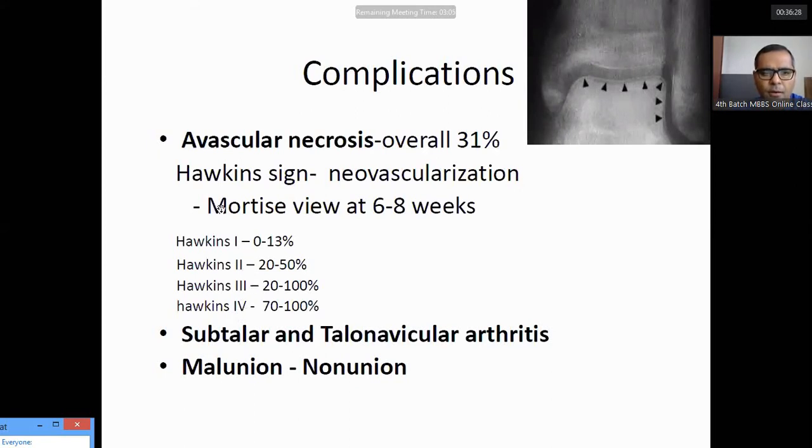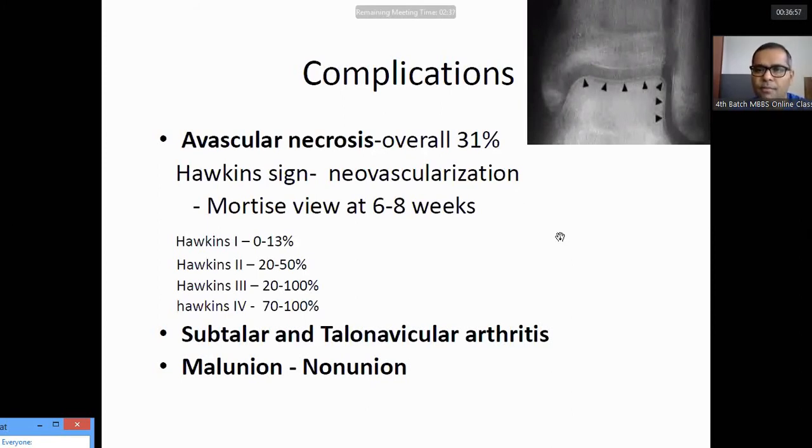In the follow-up X-ray, you can appreciate in this X-ray, this is the talar dome. We can see the subchondral radiolucency right here. There is a faint line that extends from medial to lateral all throughout. This sign suggests the healing process is going on because of vascularity.